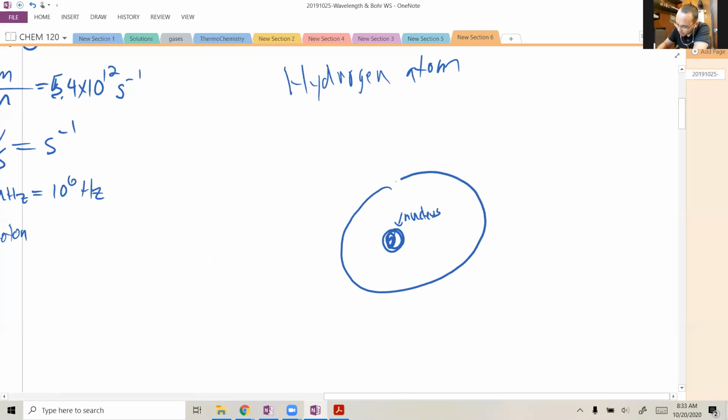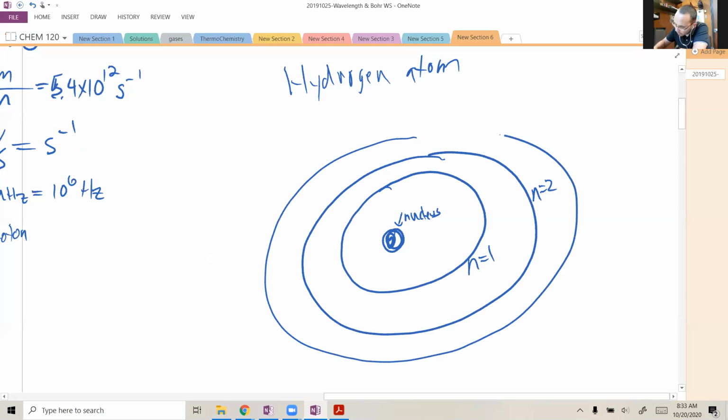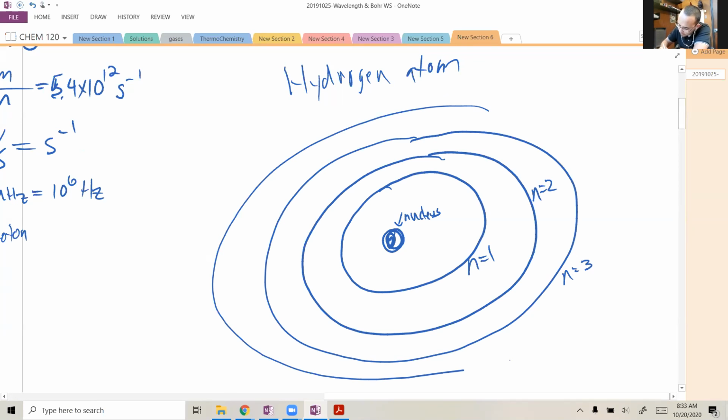So we can have an energy level of n equals 1 for our first one, n equals 2, n equals 3, n equals 4, and so on.